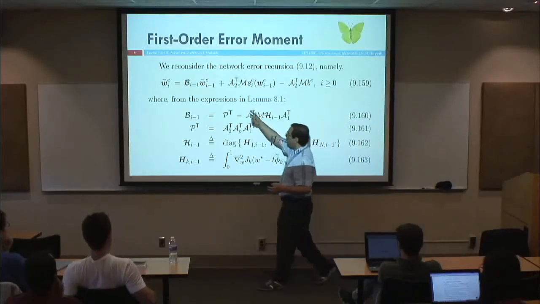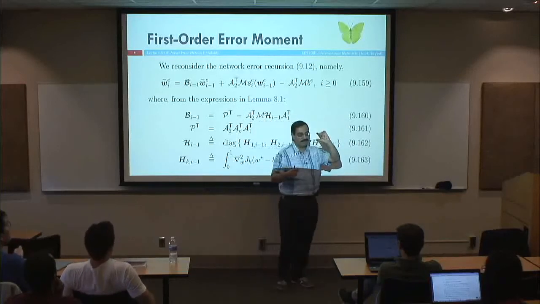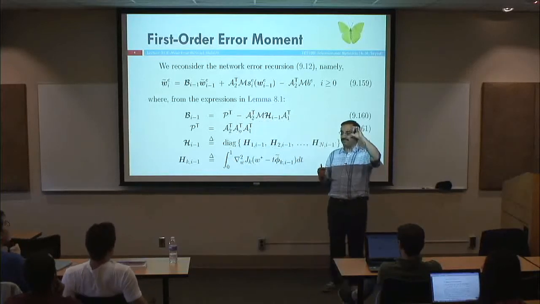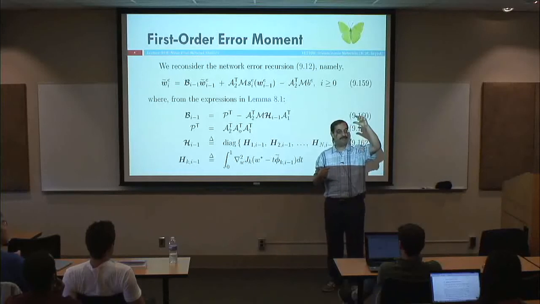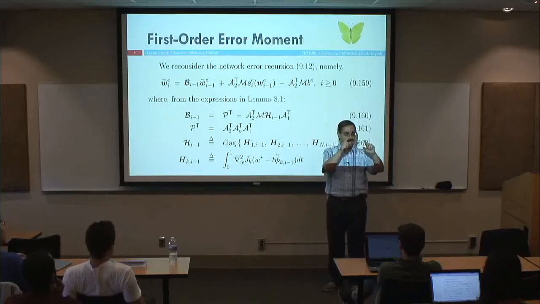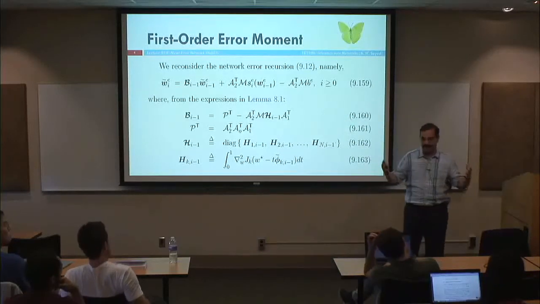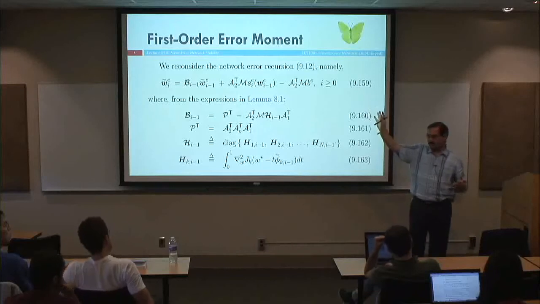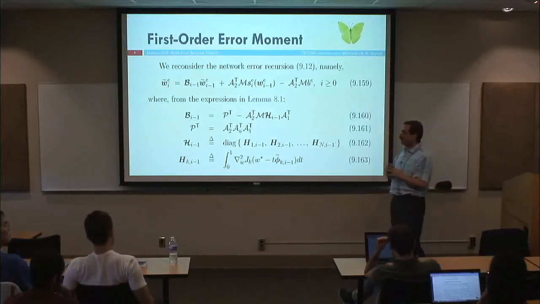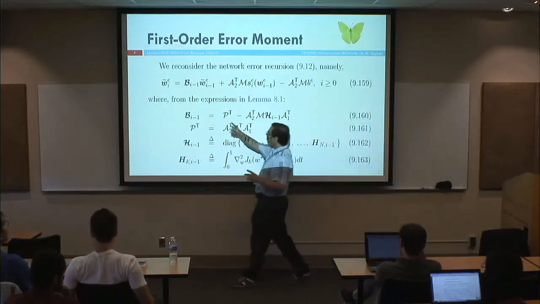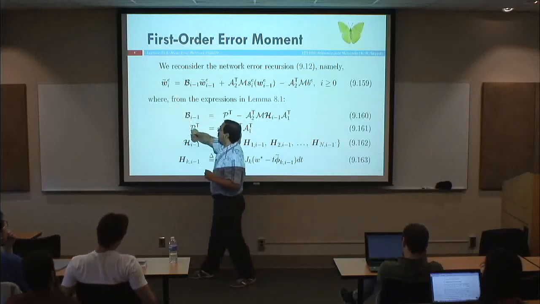The E is because each one of these is actually extended. So each one of them becomes 2M by 1. That's because you are dealing with the general complex case. Otherwise, you don't need to do that. You can just remove the E if you are dealing with real data. Very good. So this is the network error vector at time i.